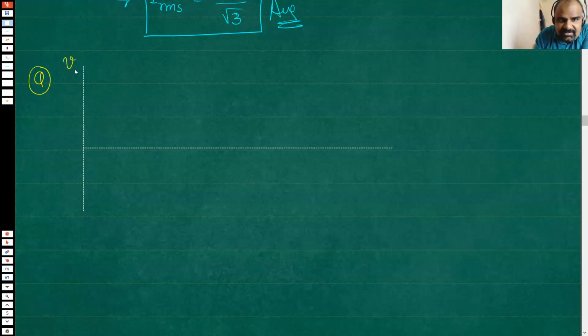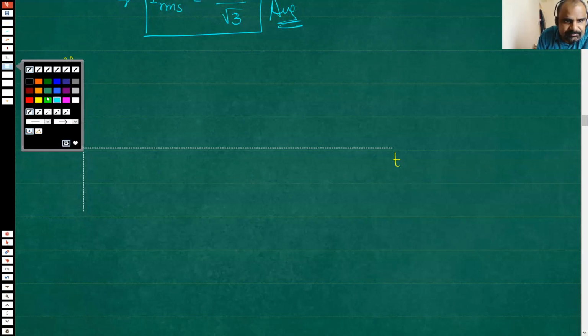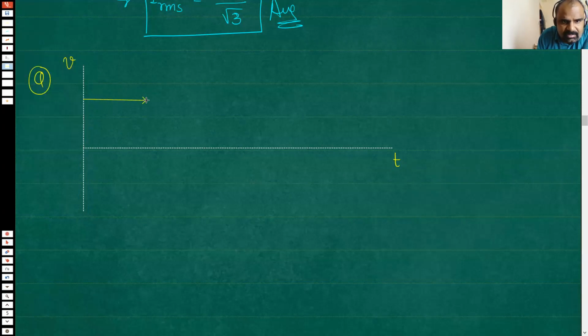You don't have to always write current. Voltage. And the function is this way. I don't want an arrow.